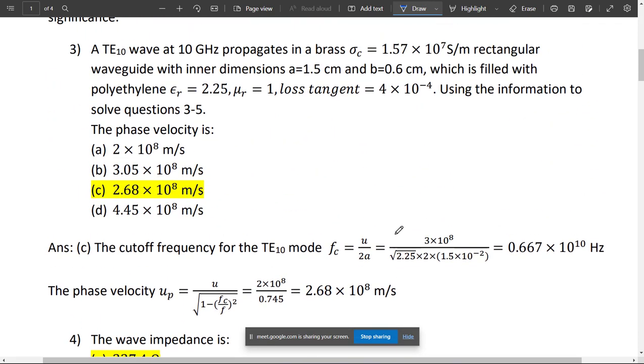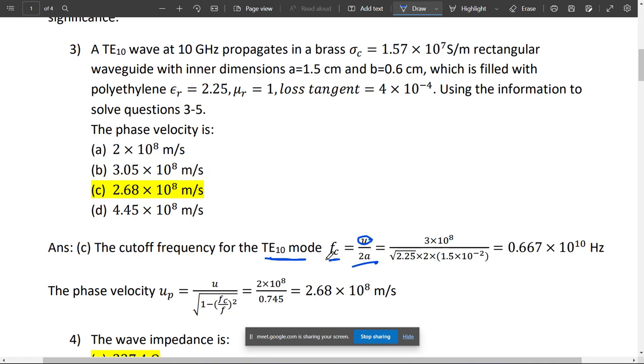So first thing that we have to find out is the cutoff frequency for TE10 mode, right? So here the cutoff frequency will be v by 2a, right? v by 2a.